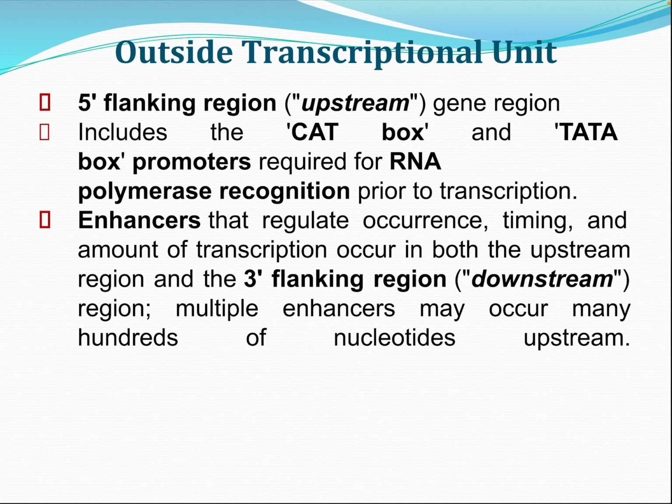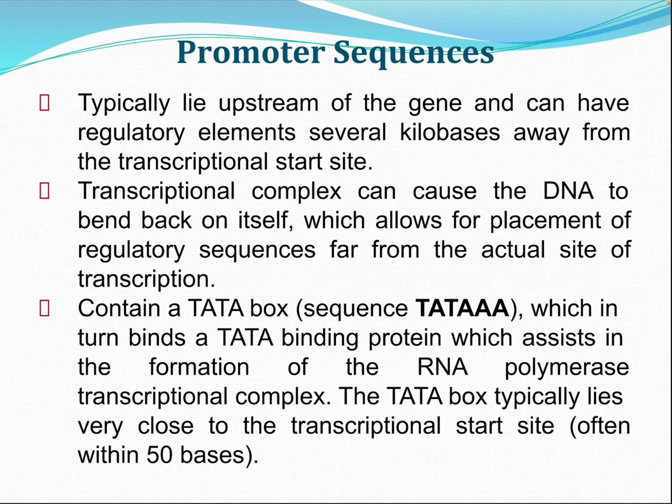The 3' flanking region also regulates the mRNA formation. Multiple enhancers may occur many hundreds of nucleotides upstream. The promoter sequence lies on the upstream side of the gene, and may lie several kilobases away from the transcription start site.